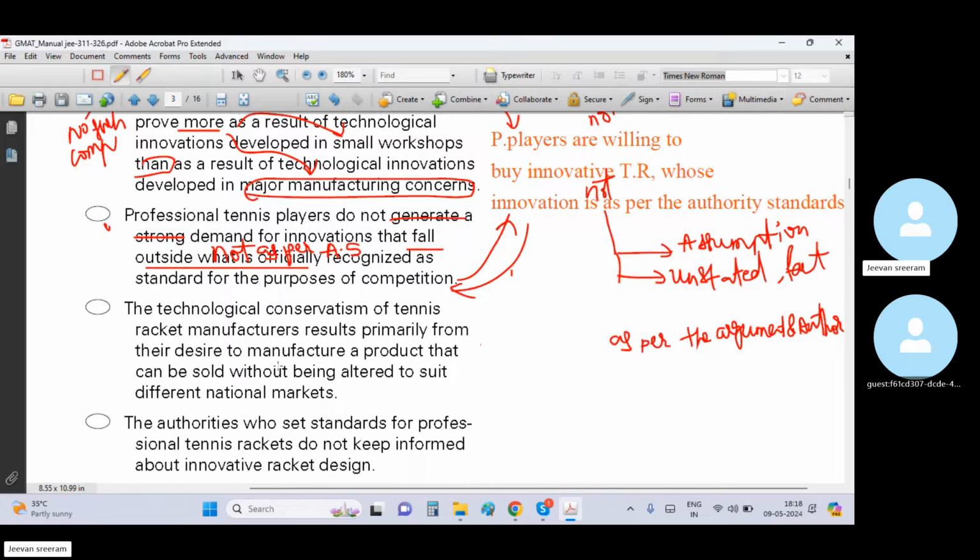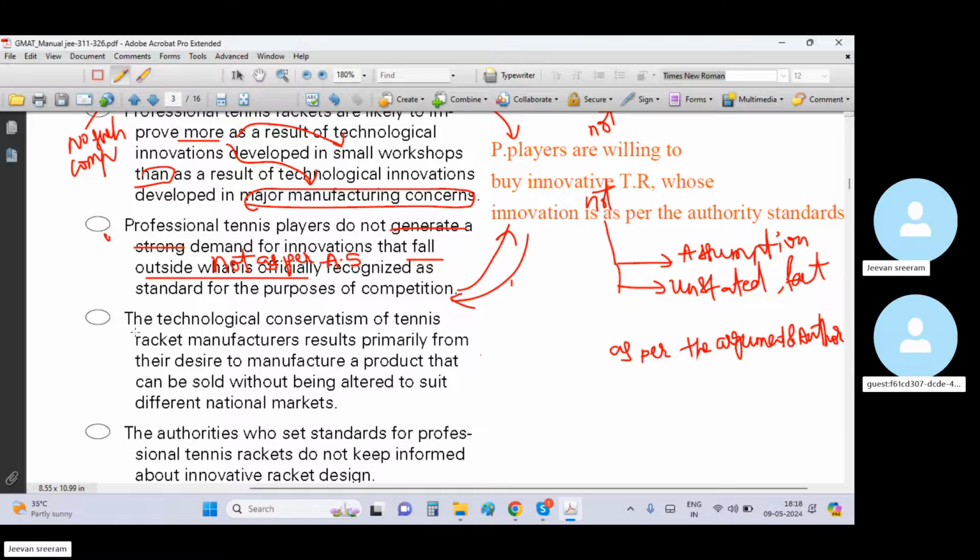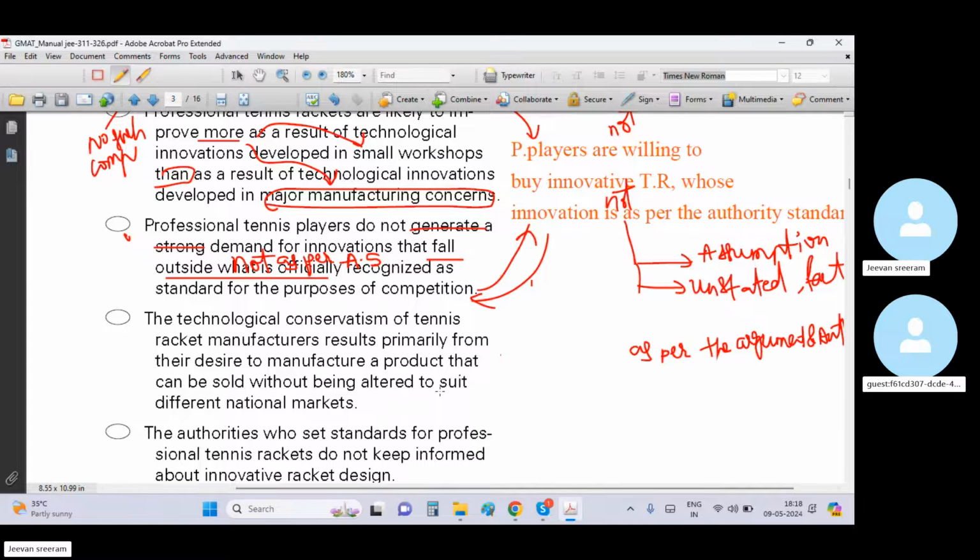Just keep it aside. Continue, please. The technological conservatism of tennis racket manufacturers results primarily from their desire to manufacture a product that can be sold without being altered to suit different national markets. What is it primarily talking about? Without being altered to different national markets, is that mentioned anywhere like this? No, it's not at all. Technological conservatism of tennis racket manufacturers results. What happens if they design and produce the same tennis rackets? It is actually giving the reason why they create such tennis rackets.